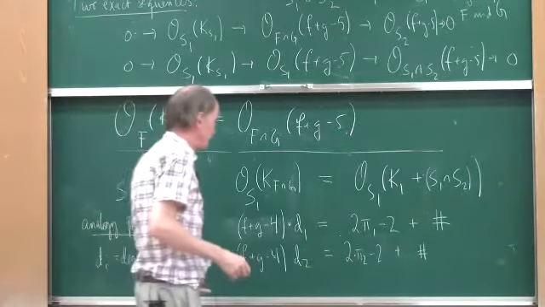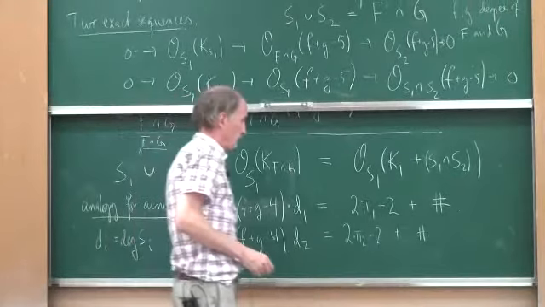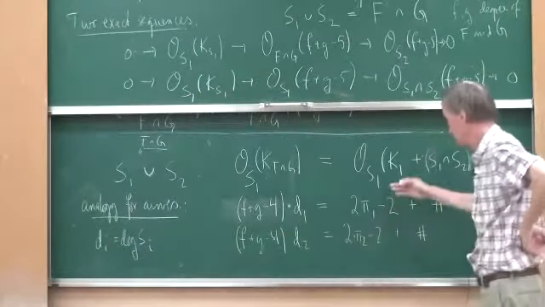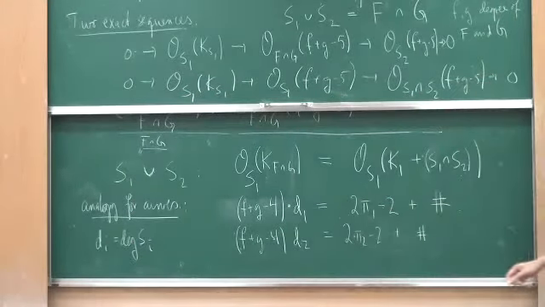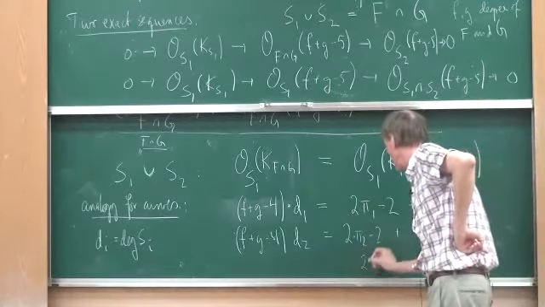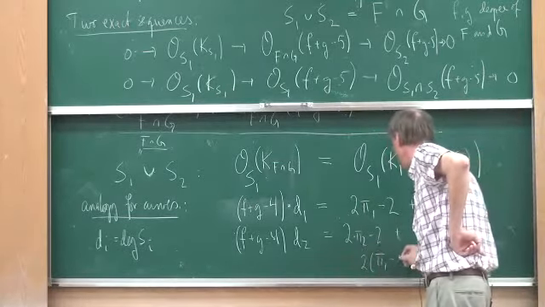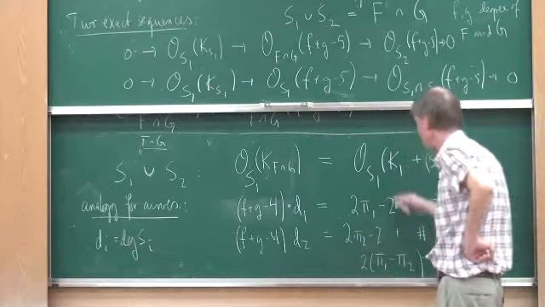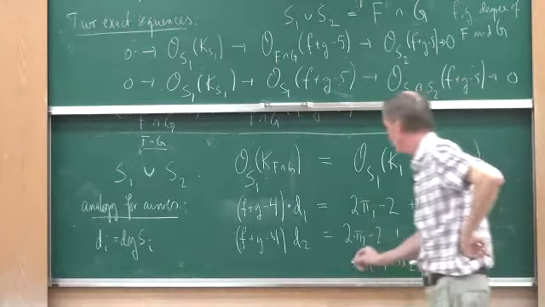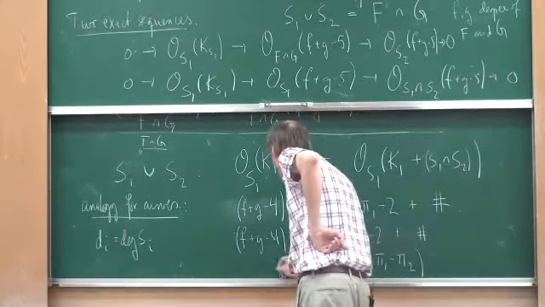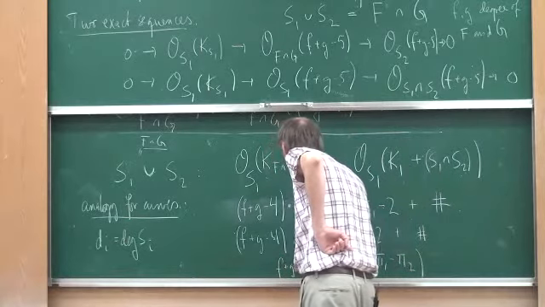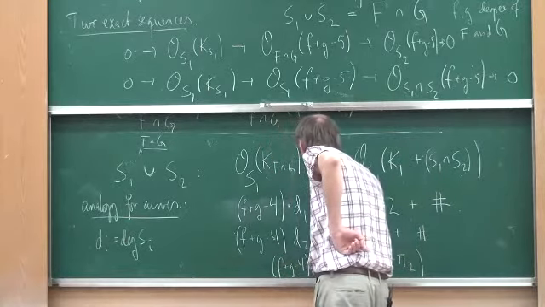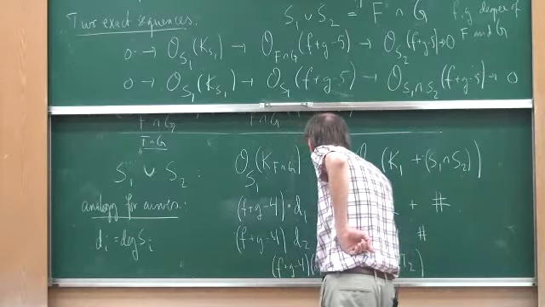So what I get from this is, in fact, if I subtract the 2 lines, then I get 2 times pi 1 minus pi 2 on this side, and on this other side I get f plus g minus 4 times d1 minus d2.